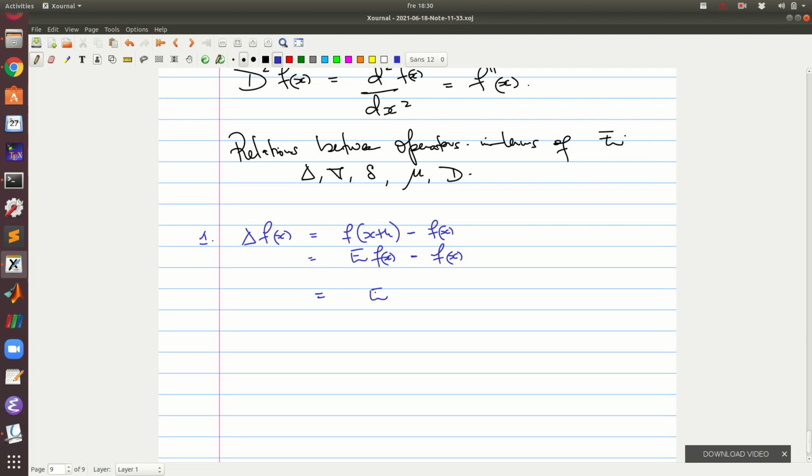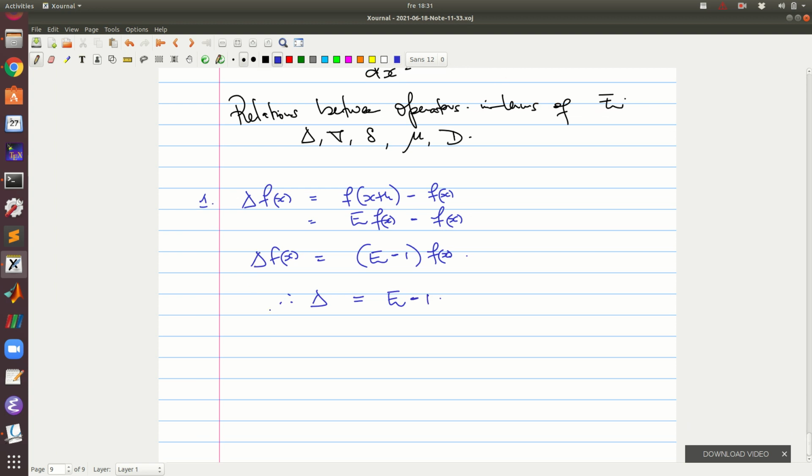So we can write it as E minus 1 times f of x, and therefore the forward difference operator is equal to the shift operator minus 1.